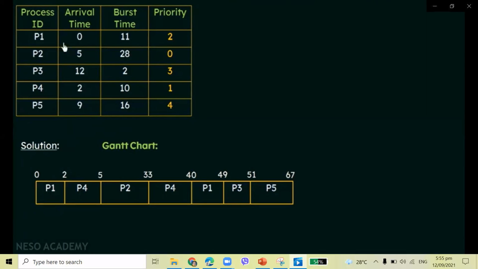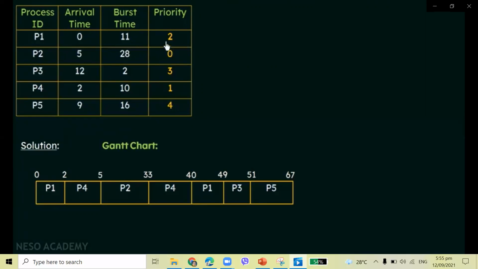Did P1 execute for 11 milliseconds? No. That is because the next arrival time that we have is 2. At the second millisecond, P4 has arrived, and the priority of P4 is 1. Is the priority of P4 higher than that of the currently executing process, P1?